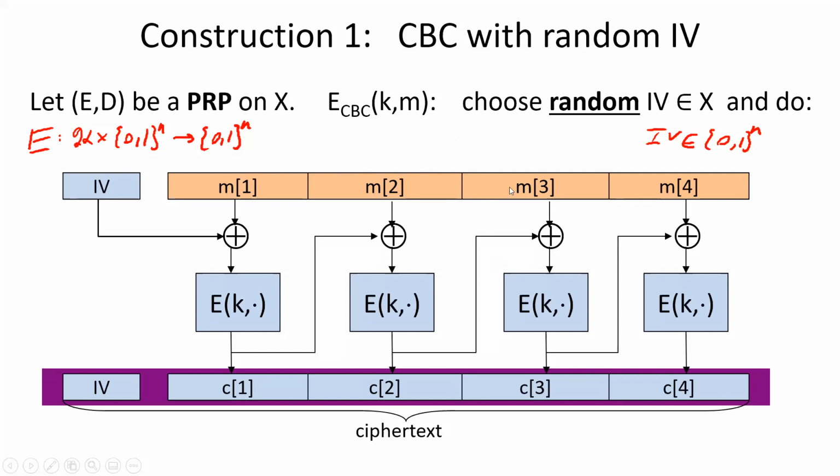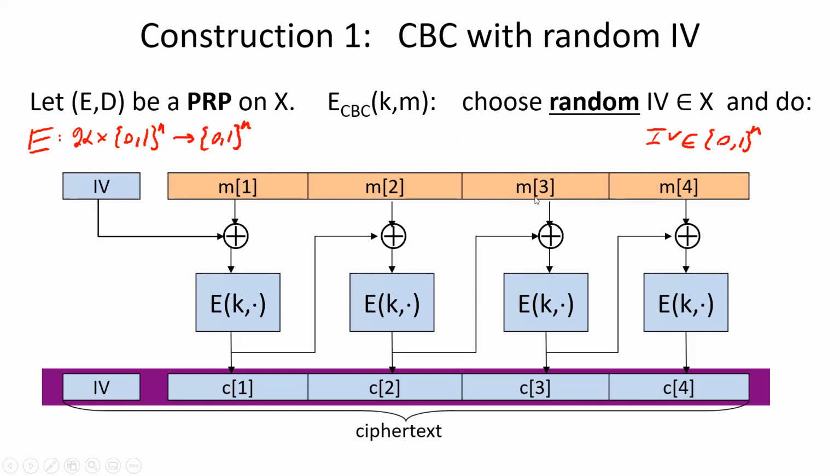If M3, M4 were not blocks of this single message, but a new message entirely, then if I use CBC, I should have at this point picked a new IV prime, and XORed it with M3.